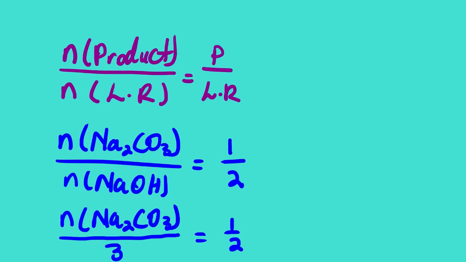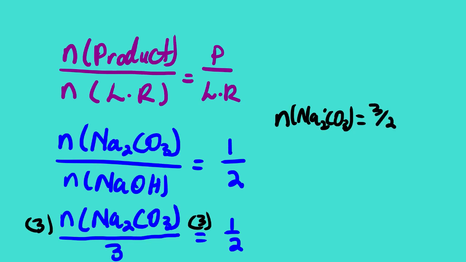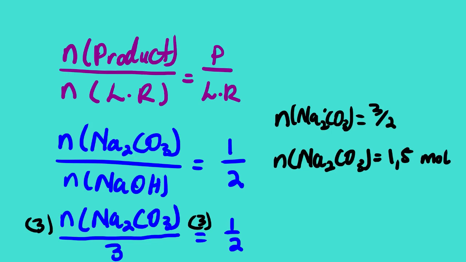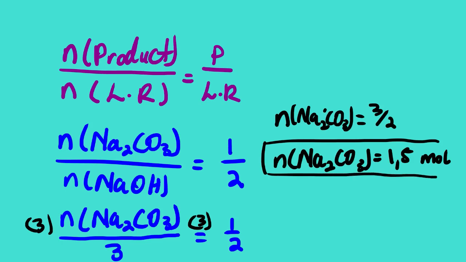Then solving this by multiplying by 3 both sides, sodium carbonate equals 3/2. Sodium carbonate is equal to 1.5 mole. So this is the number of moles of sodium carbonate produced.